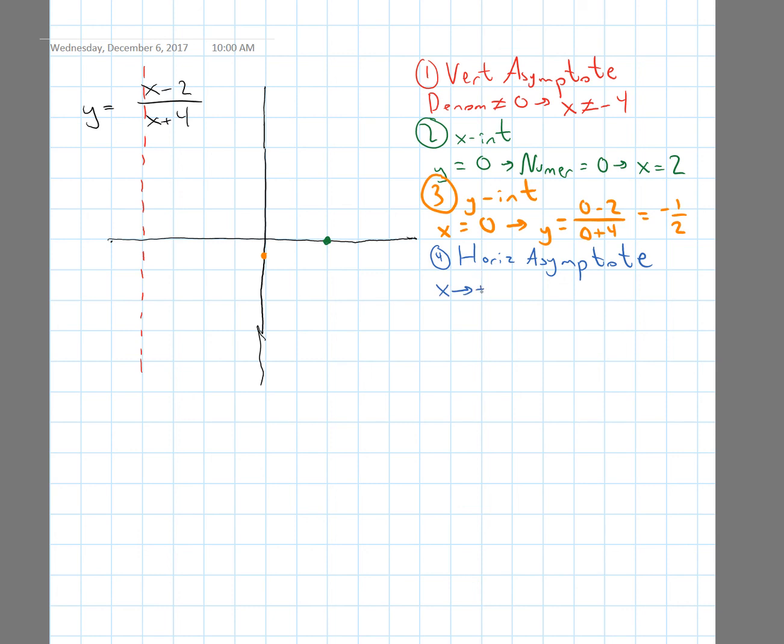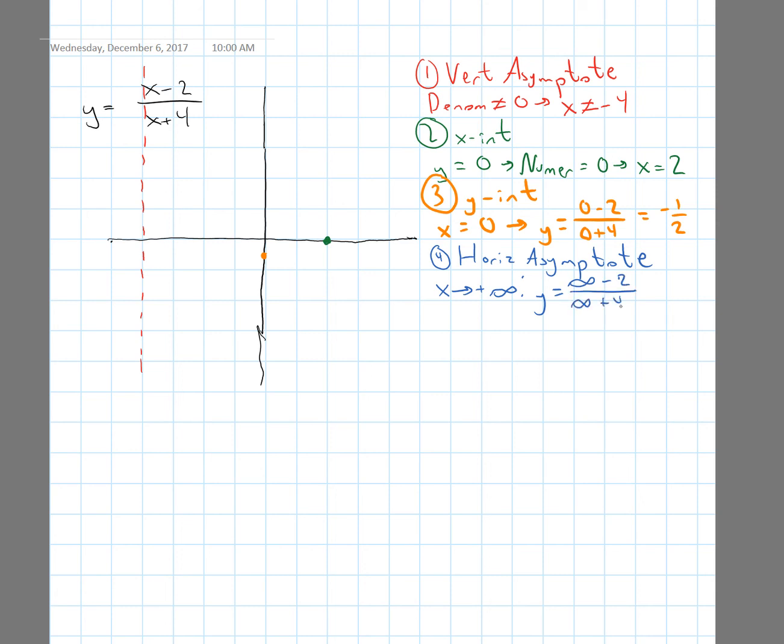X goes towards positive infinity. When x goes to positive infinity, y equals (infinity minus 2) over (infinity plus 4). Let me try to draw this better. Right, I'm really plugging in infinity for x, which is kind of questionably allowed, but it'll get the point across.